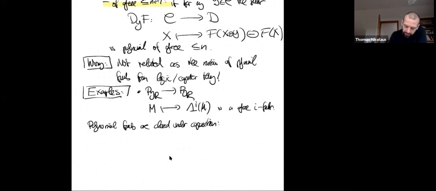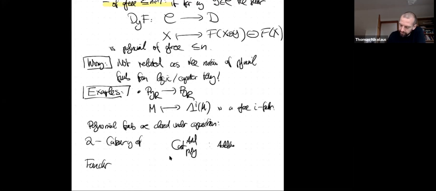So we have a category. And actually it's a 2-category of polynomial functors, which I denote Cat^add with poly, to indicate we take polynomial functors. And of course we have a functor. So maybe I write this: additive categories and polynomial functors.